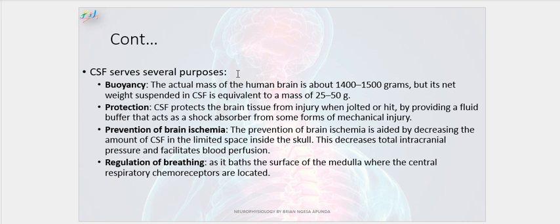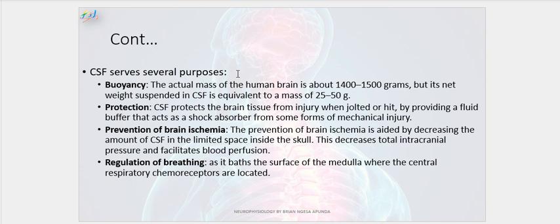Very important. It is important in the prevention of brain ischemia. This is aided by decreasing the amount of CSF in the limited space inside the skull. This decreases the total intracranial pressure and facilitates blood perfusion, because this fluid needs to be drained adequately.